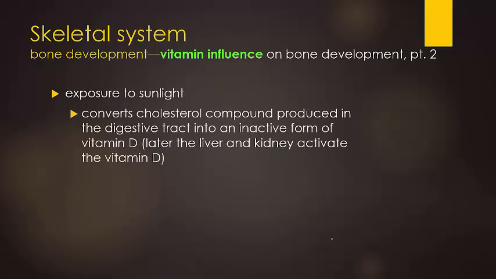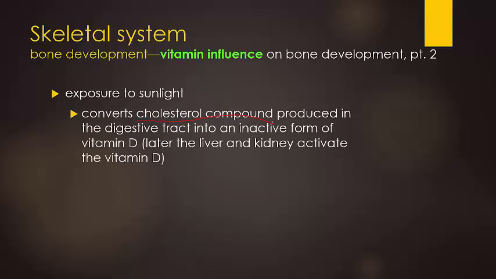Last of all, exposure to sunlight is important as well, because this is how we begin the process of activating the compound that will become vitamin D. And so exposure to sunlight on the skin converts a cholesterol compound that is produced by the digestive tract and then carried in the blood.